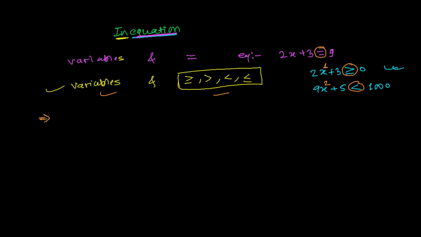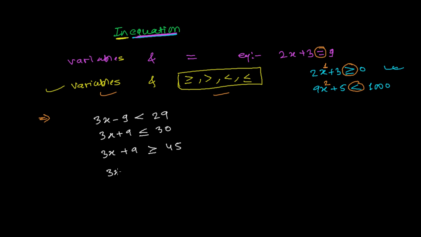Let me give some examples to introduce inequations. Take 3x minus 9 is less than 29. Similarly, 3x plus 9 is less than or equals to, let's say, 30. It may be 3x plus 9 is greater than or equals to 45.